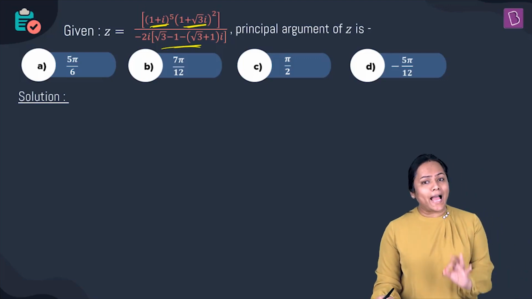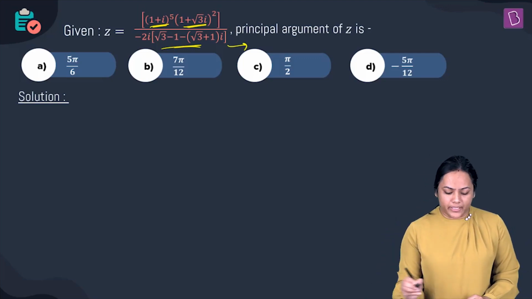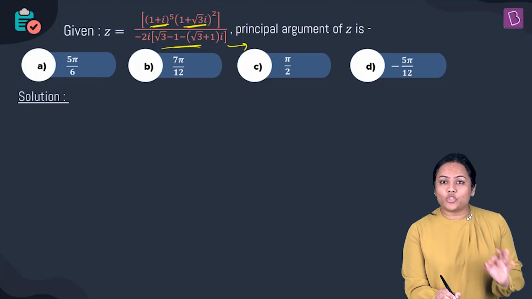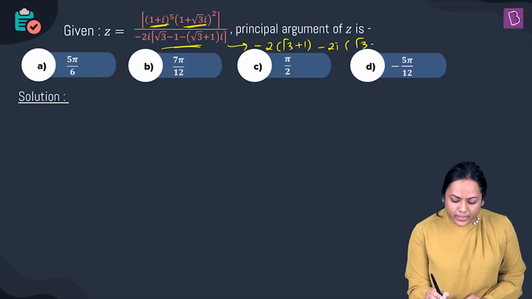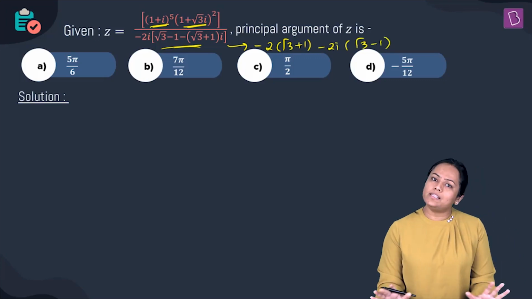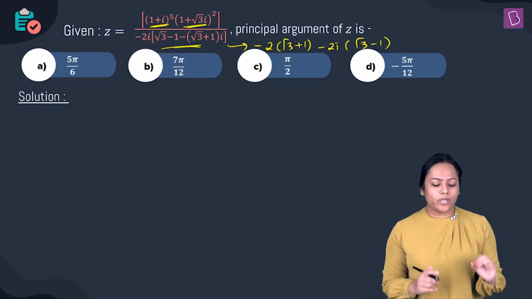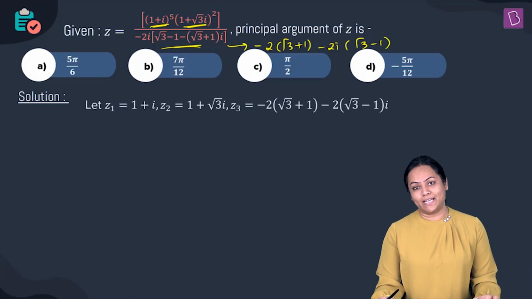Well, if I open up this part, this entire term in the denominator can be written as 2 iota square, which is minus 1. So I'll have minus 2 multiplied by root 3 plus 1, and then I'll have minus 2 iota multiplied by root 3 minus 1. Is this clear? You have just multiplied the terms. Perfect. So let's assume these complex numbers as z1, z2 and z3.